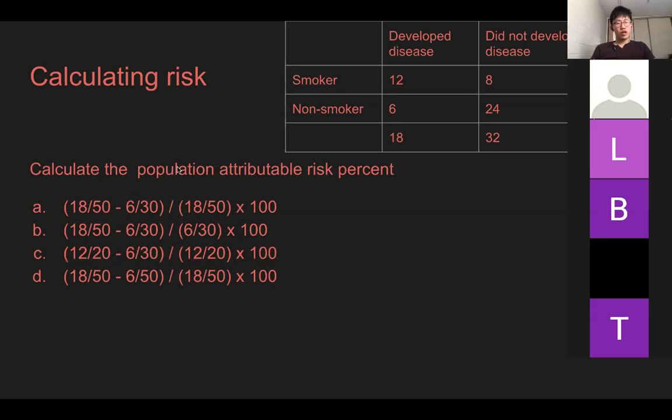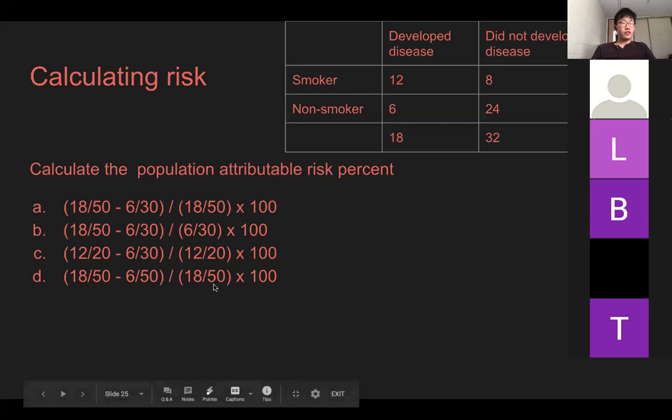And what's the population attributable risk percentage? So what this is, you take the population attributable risk, which is the risk in the total population, and subtract the risk in unexposed, and you divide that by the total population risk.